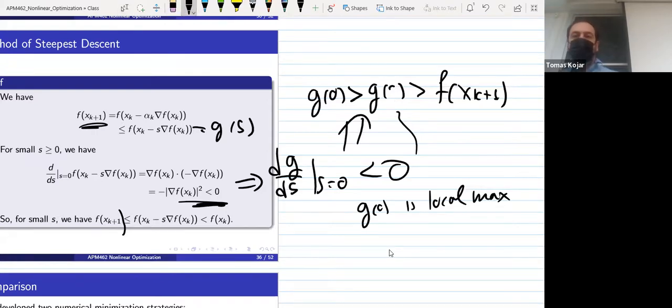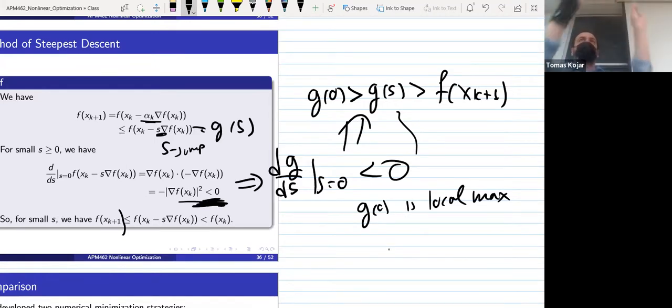So let me repeat what happened. Our alpha was picked to minimize over all possible jumps. So then I just bound by one of the jumps. Call it S, the S jump. I take the derivative in the S jump. I prove that the derivative is negative. Since the derivative is negative, it means that it's a local max.